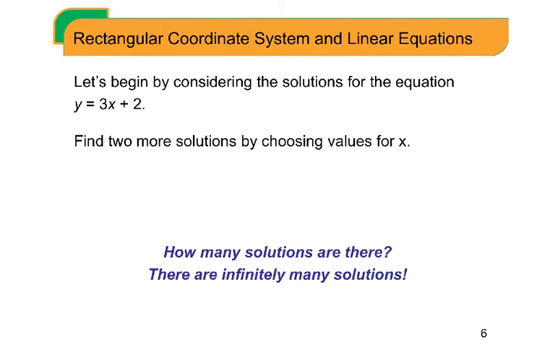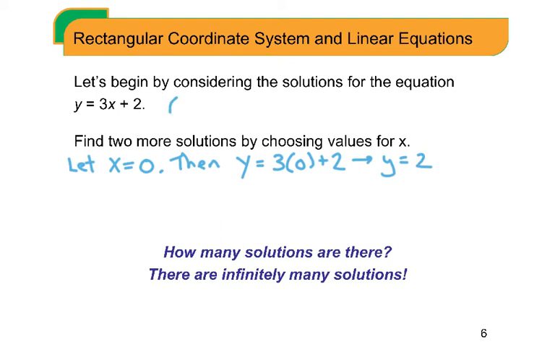Now, let's find two more solutions. A lot of times we're going to choose values for x. So let's let x equal 0. That's always a good one to use. Then y equals 3 times 0 plus 2, which means y equals 2. So there's a solution: x equals 0, y equals 2.